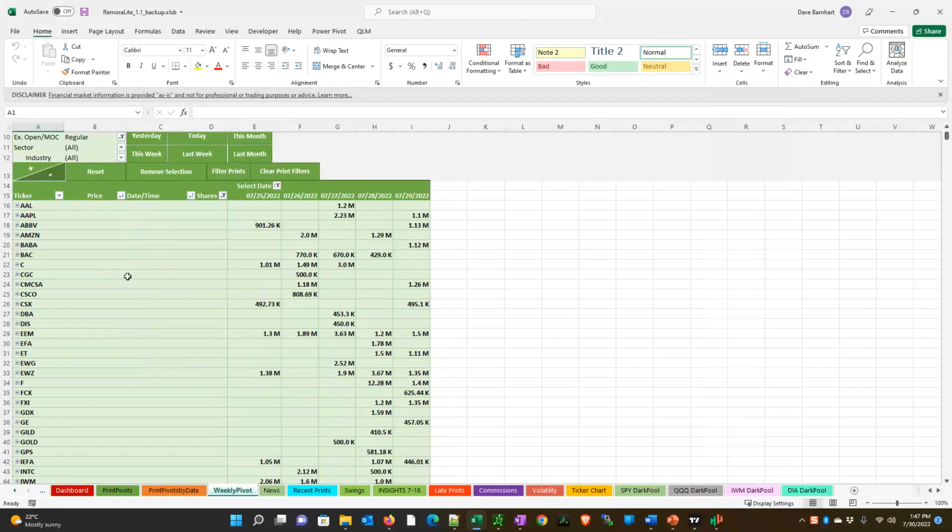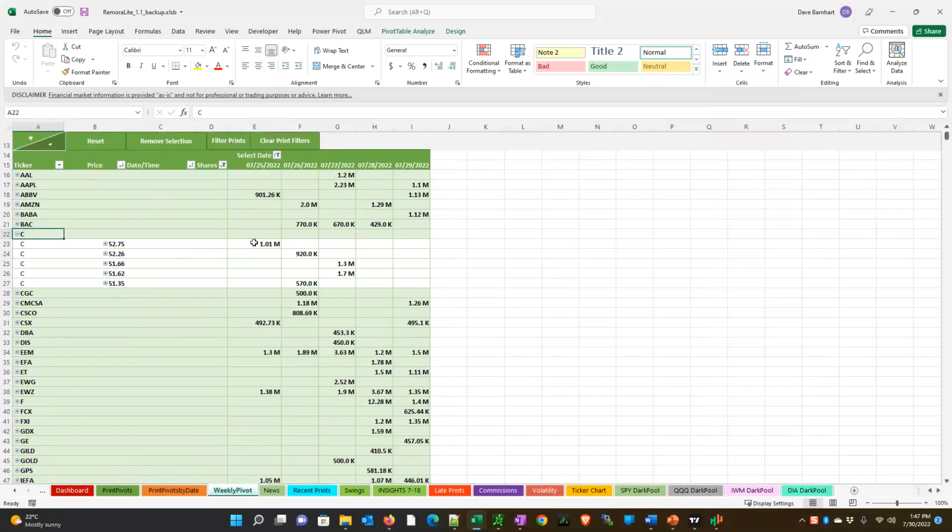So the cool thing about looking at it this way, look at Citibank, right? Millions every day. If I expand Citibank, Monday, 1 million at the top. Tuesday, 900,000 just below. Wednesday, what is it? The 3 million, 51.62 to 65.